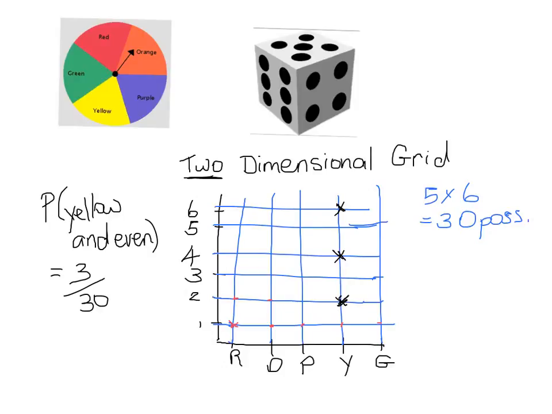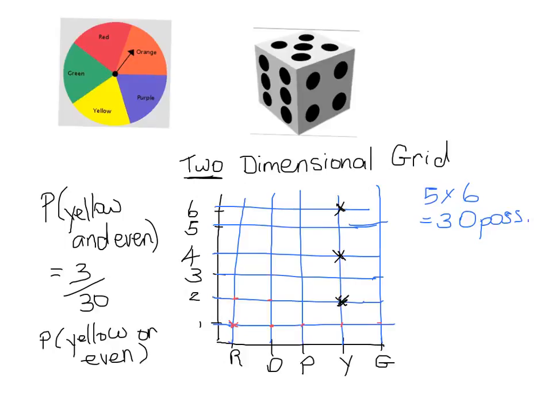Now, we need to make sure we remember the difference between and or that we discussed earlier. And is the intersection, but if instead I ask for the probability of yellow or even, that's the union. That's everything that's yellow as well as everything that's even.